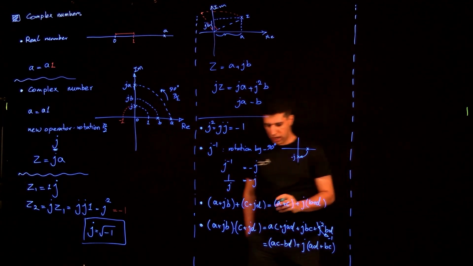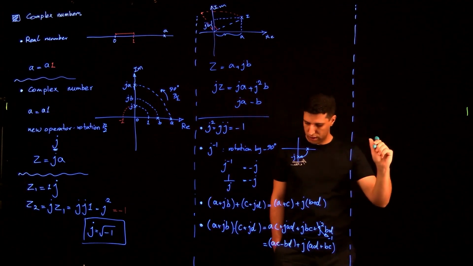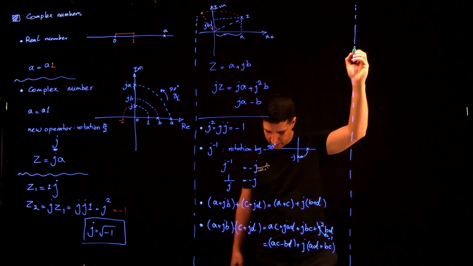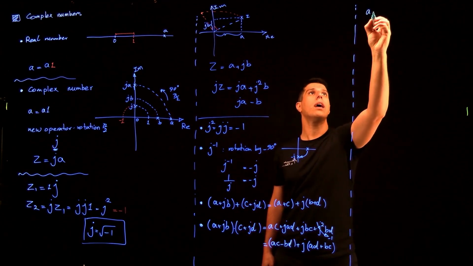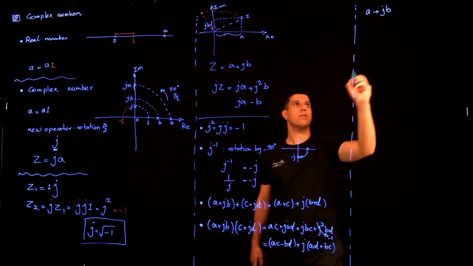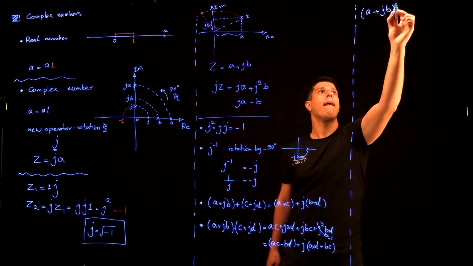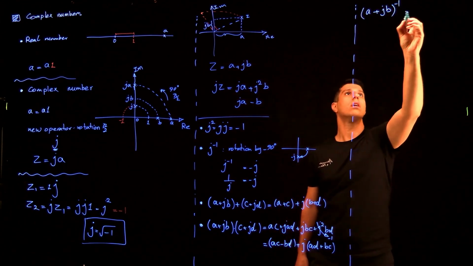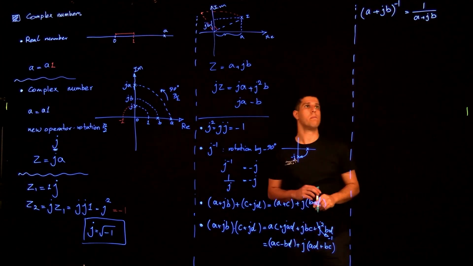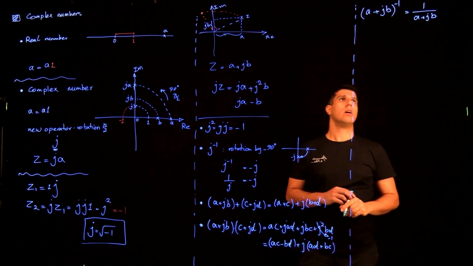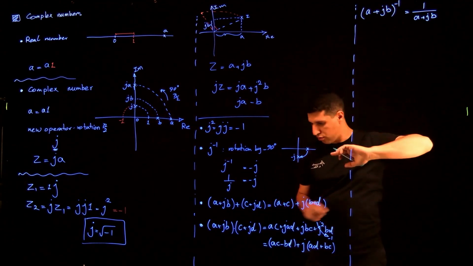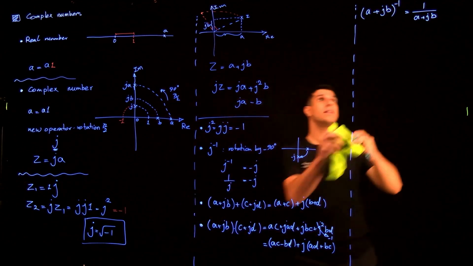Now let's look at a very quick example. I have one number, A plus JB. What is the inverse of that, or 1 over A plus JB?